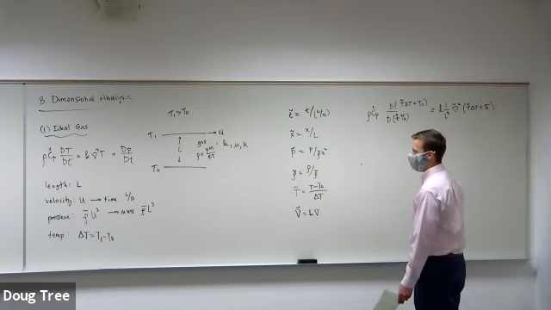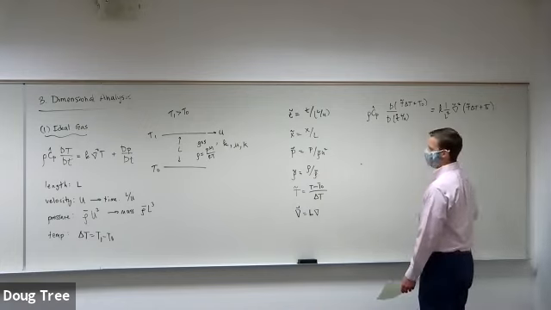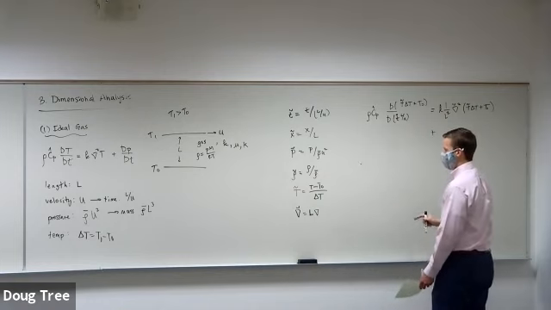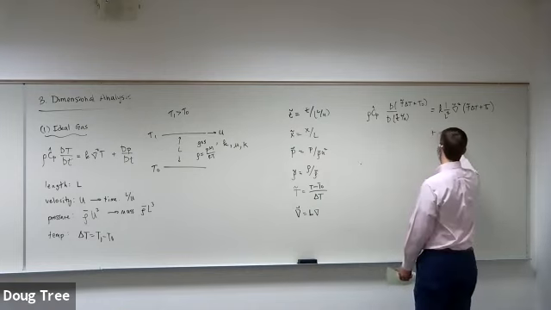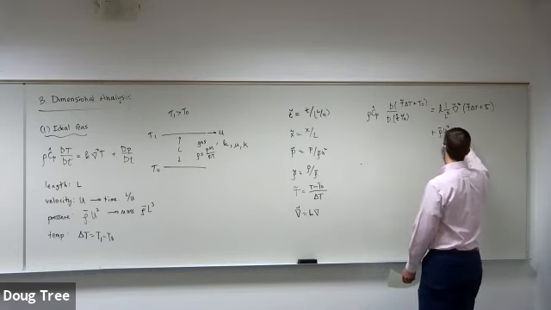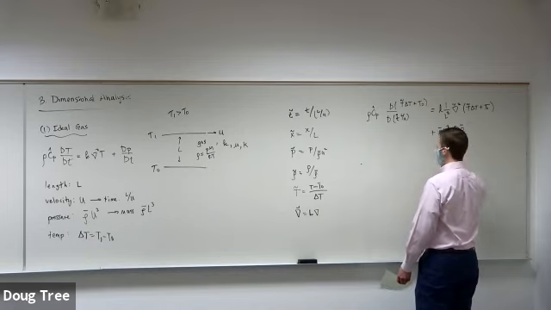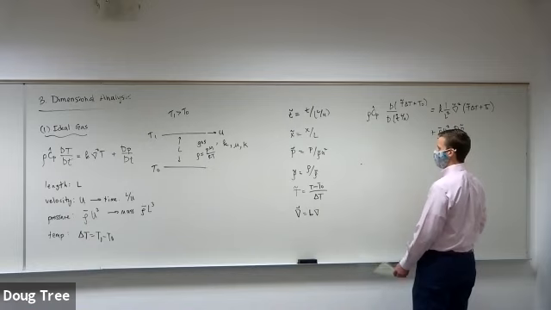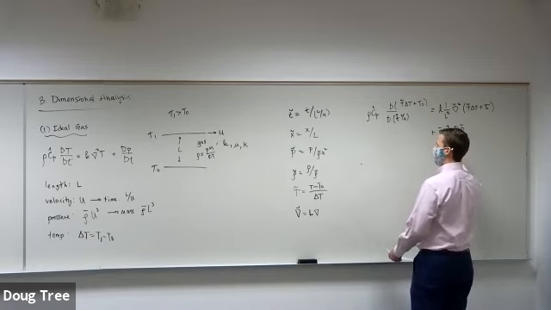And then plus dP dt. So the pressure scale is rho U squared. And then dP tilde, dt tilde on the bottom, the time scale is L over U.